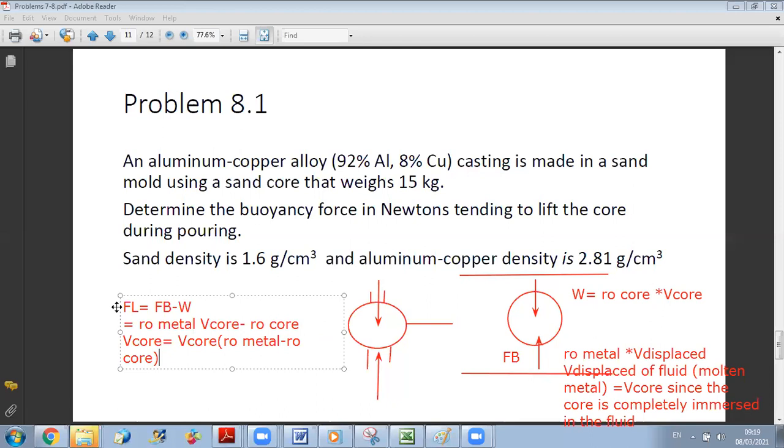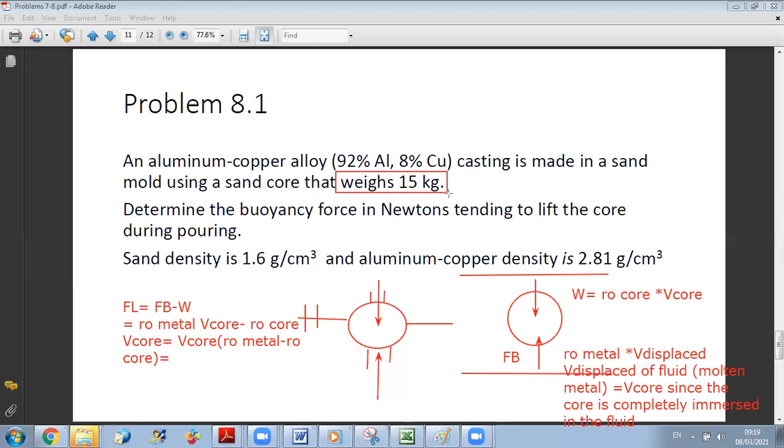In general, the core is made of sand, and for the metal, it depends on the type of casting you are doing. Here it's an aluminum copper alloy. Its density is given. It's higher than the sand density. So if we want to replace numerically, we need first to get the volume of the core. If you look well here, they gave us the weight of the core.